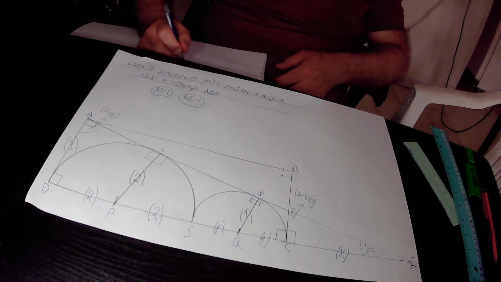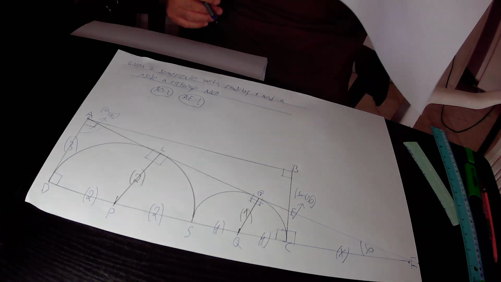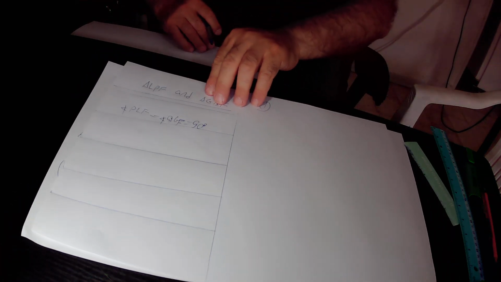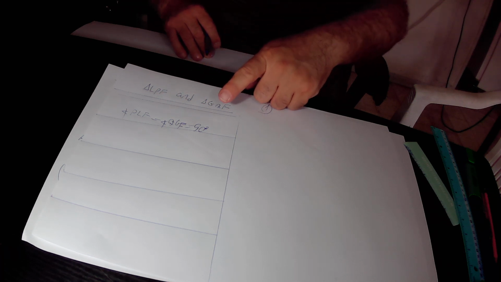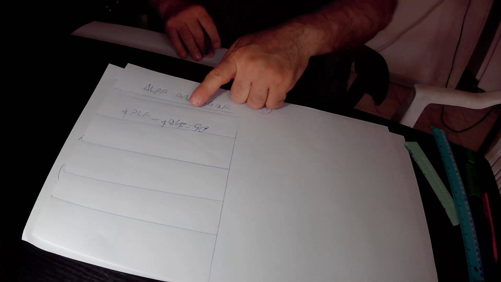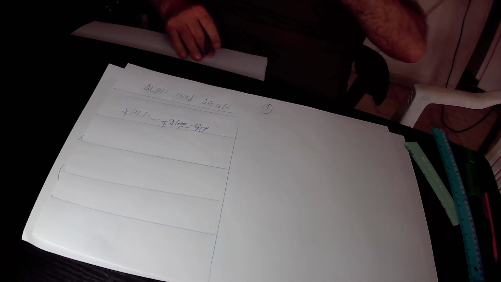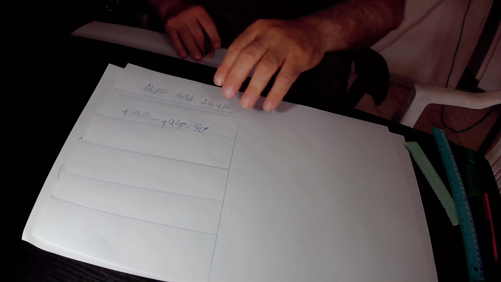So to repeat, angle PLF in the big right triangle LPF equals angle QGF in the small right triangle GQF, they are both equal to 90 degrees and therefore they are equal to each other.